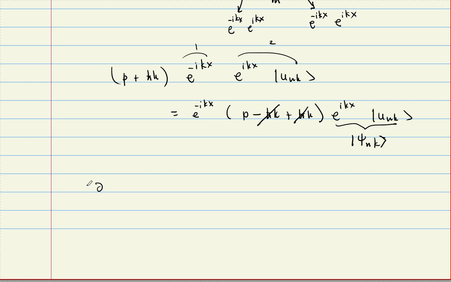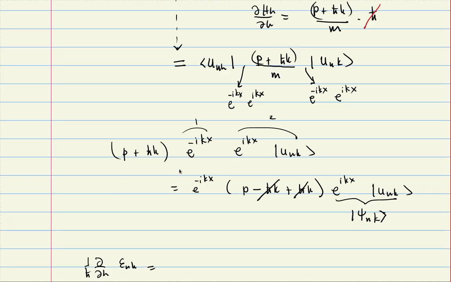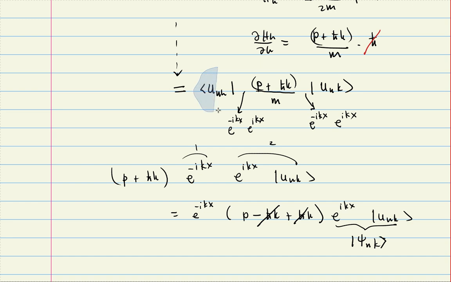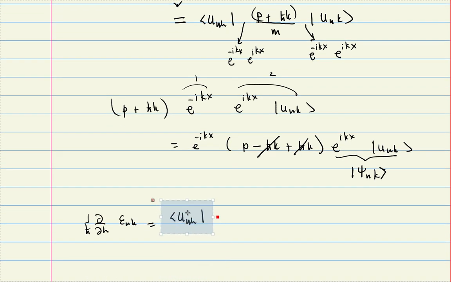Then 1 over h bar del k epsilon of k is equal to, so let me write this thing. I have this thing, and I forgot to write p in the middle, and I have of course p, and there is 1 over m here.